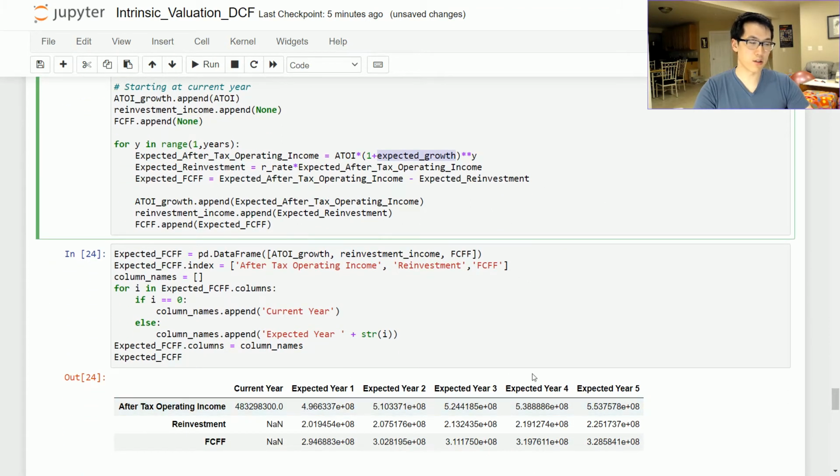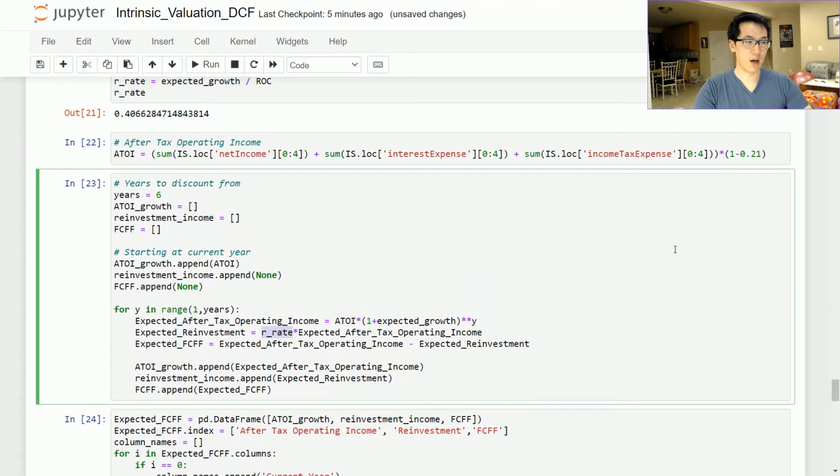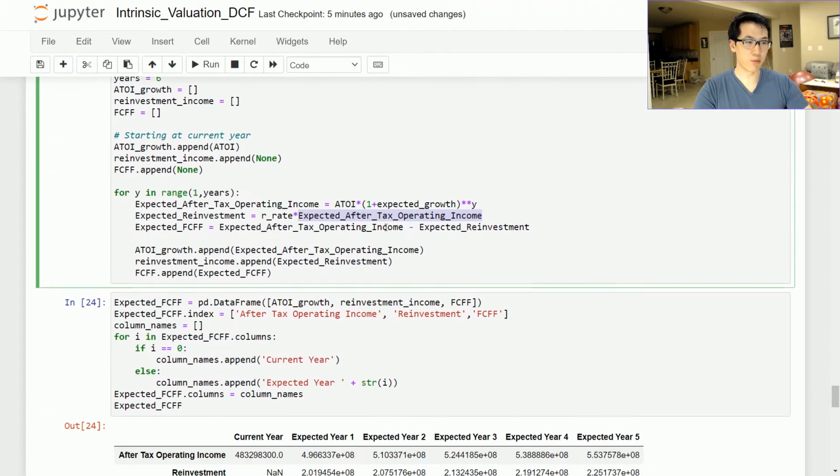So it's growing at 2.7% year in, year out, all throughout the first 5 years, which I'll be discounting. And I calculated my reinvestment rates earlier. I just multiplied the reinvestment rate, which I calculated up here, by your expected after-tax operating income, which is given in that year.